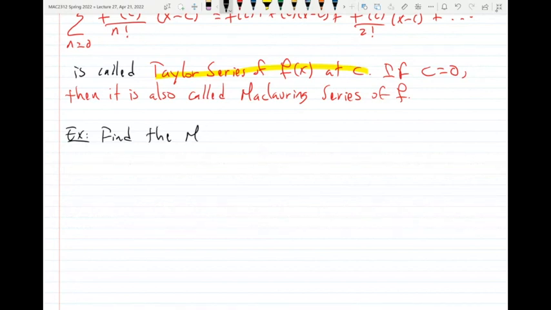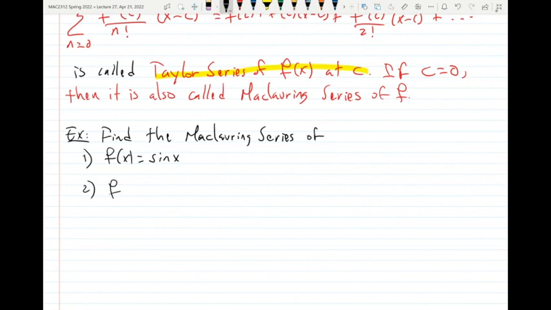Find the Maclaurin series of f of x equals sine x. Then once we do sine in detail, we're going to be able to easily do cosine. And then e to the x, of course, is pretty easy to find. Okay, but let's do the sine.